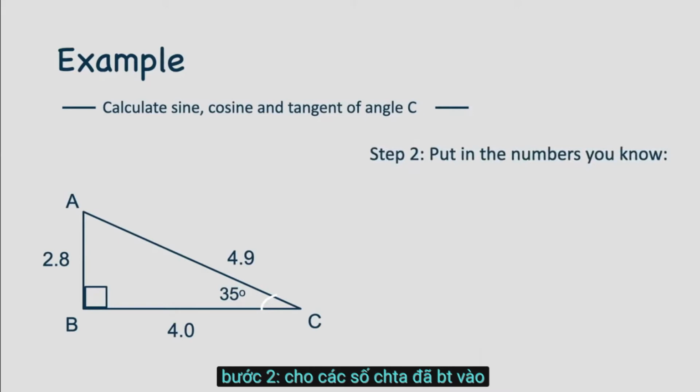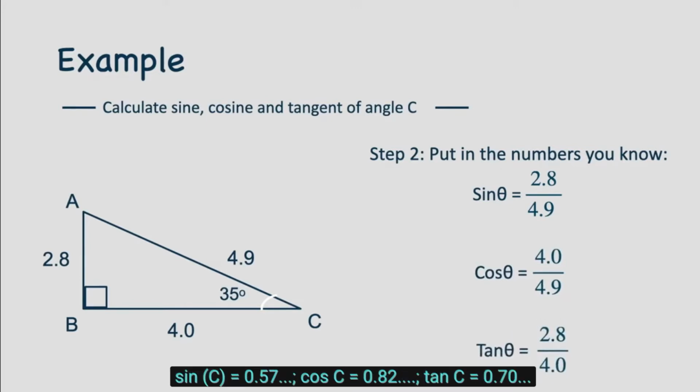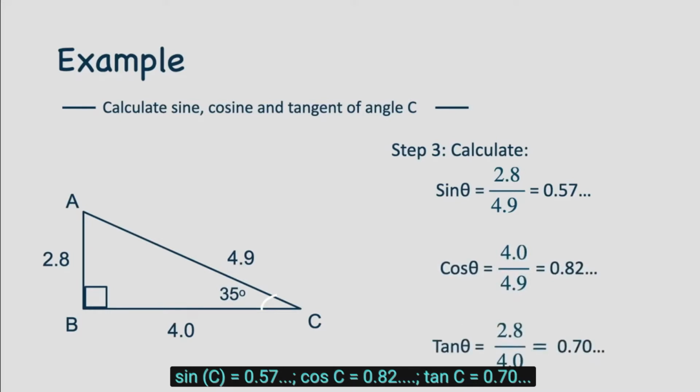So the sine of the alpha angle is 2.8 over 4.9, and the cosine is 4 over 4.9, and the tangent is 2.8 over 4. So step 3, we work out the outcomes, and the sine is 0.57. The cosine of the alpha angle is 0.82, and the tangent is 0.7.